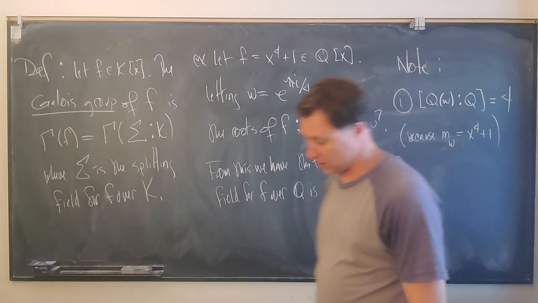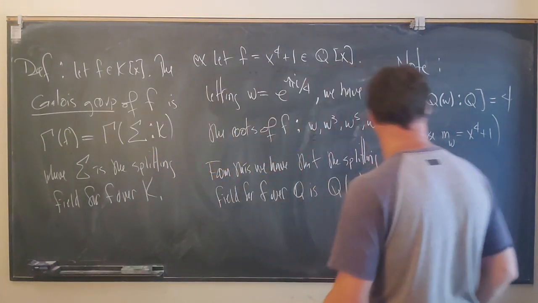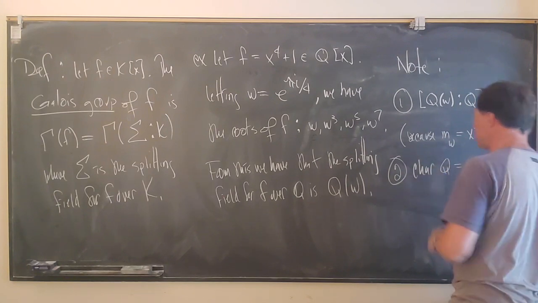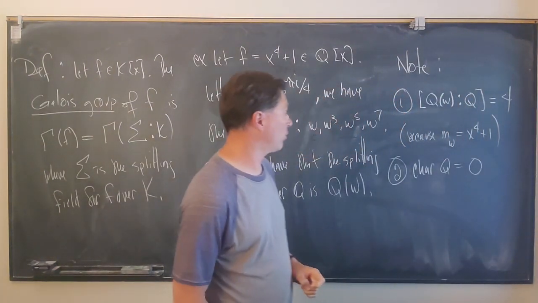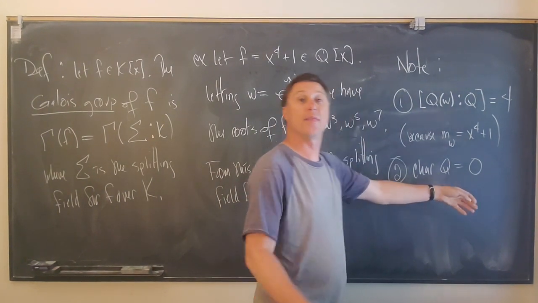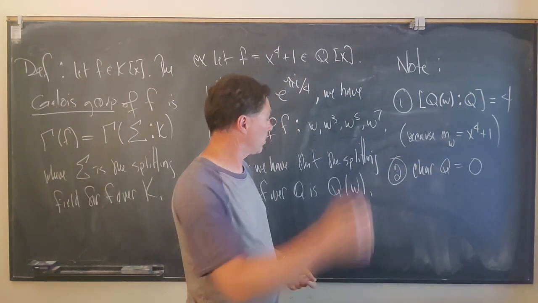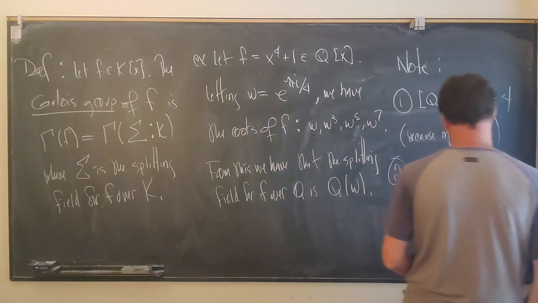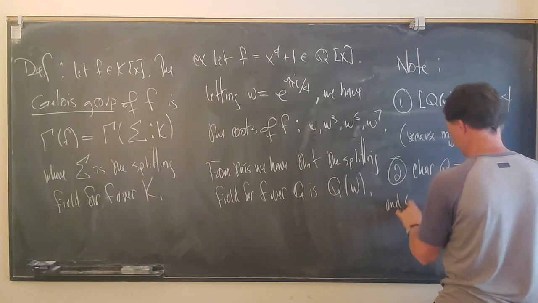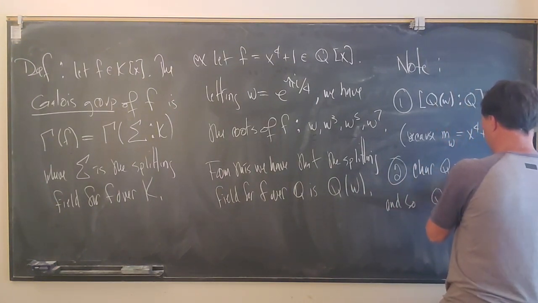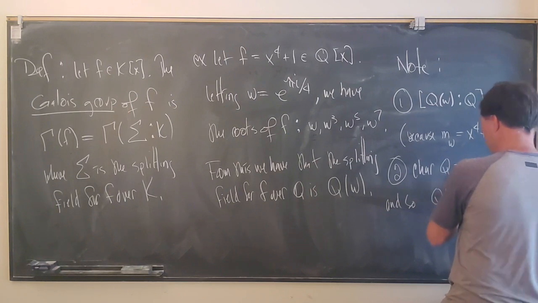The second thing: the characteristic of Q is equal to 0, and whenever we have a field of characteristic 0, the extension will be separable. So the extension Q(omega) over Q is separable.